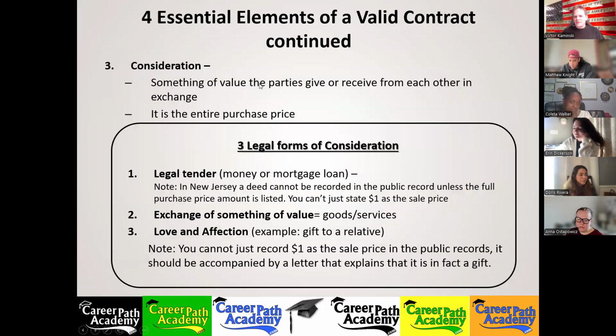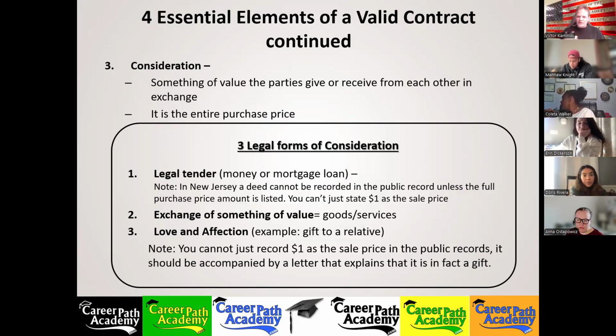So the third essential element of a valid contract is something of value that the parties give or receive from each other in the exchange. Okay, great. So consideration is something of value that the parties give or receive from each other in the exchange. It's the entire purchase price.